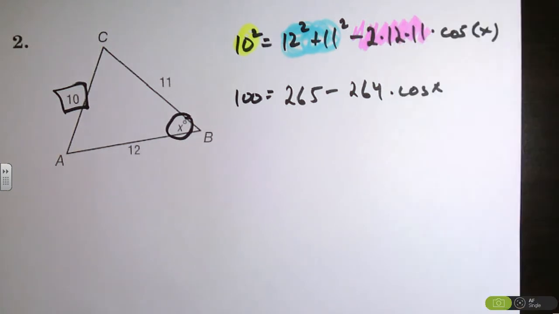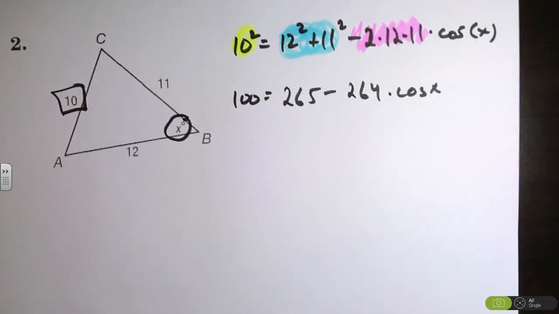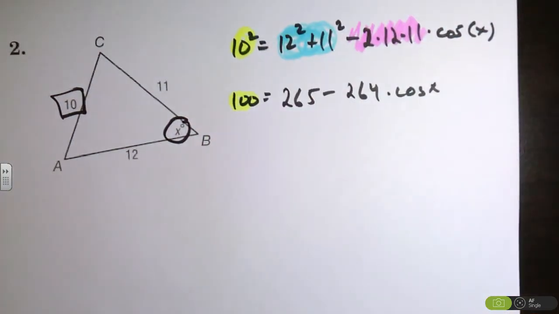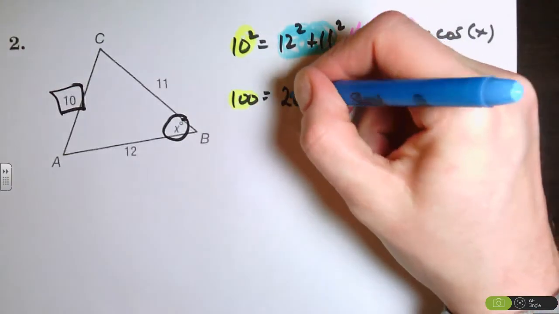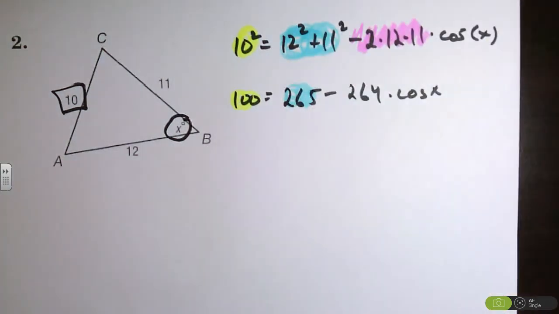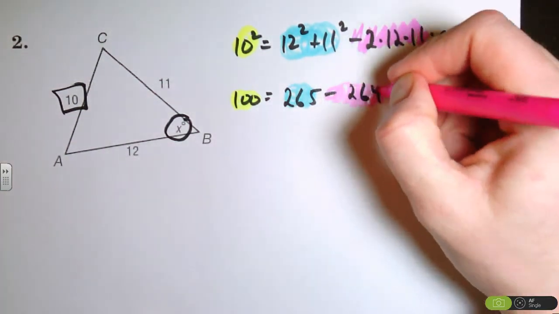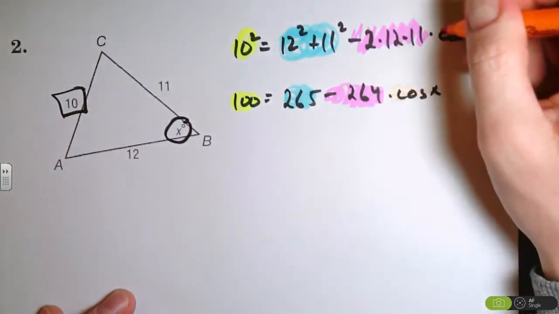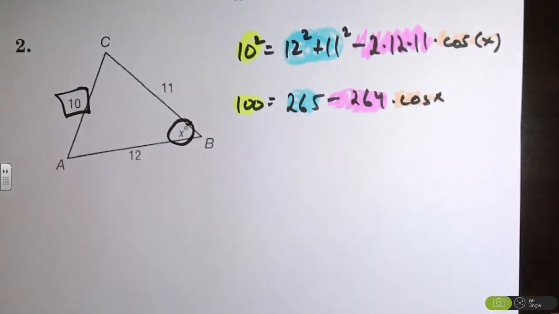Okay. Now again, I still have this part here, and this part here, and this part here that I'm still kind of working on, because my whole goal is to get the cosine by itself. Okay.